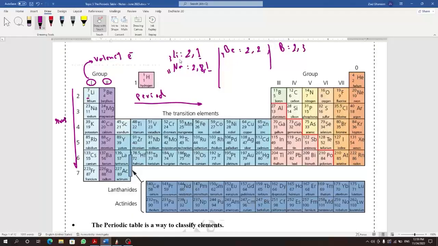So we notice that all of these elements have two energy shells occupied with electrons. That's because they are in the same period. That's period 2, which means that there are two energy levels occupied with electrons.